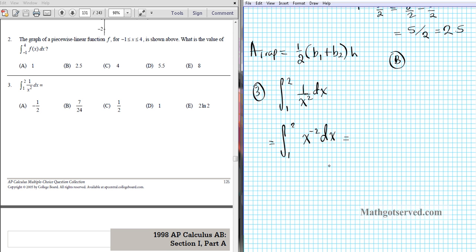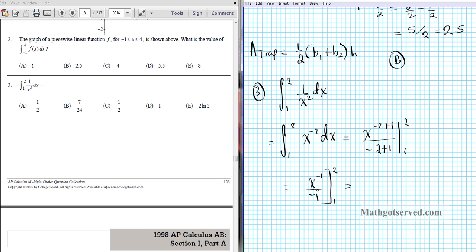It's going to be x to the negative 2 plus 1, over negative 2 plus 1, evaluated from 1 to 2. Okay? So let's simplify this as much as we can before we plug these values in. You can write this as x to the negative 1 over negative 1, evaluated from 1 to 2, simplified a little bit more.